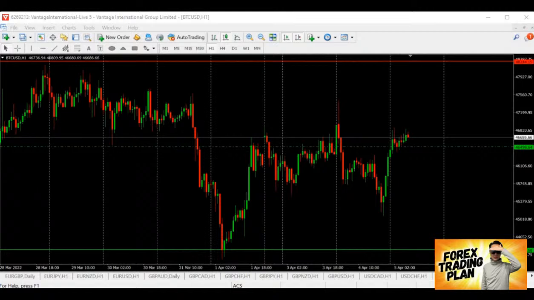For today's Forex Trading Plan, 2022 April the 5th, we have picked up potential selling trades: Euro CAD, Euro Yen, Euro Kiwi, Euro Dollar, Pound Yen, Pound Kiwi, Dollar CAD, and Dollar Yen.